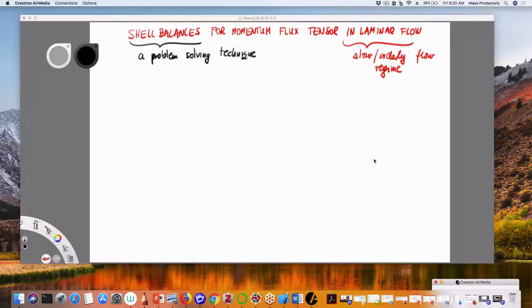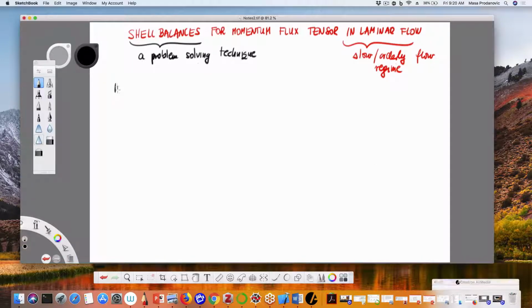So just to state what this balance means, we're going to do it in a shell, which is a really small volume of fluid.